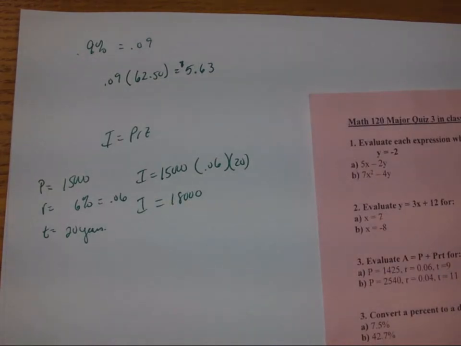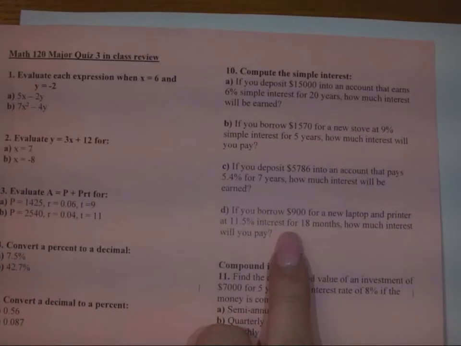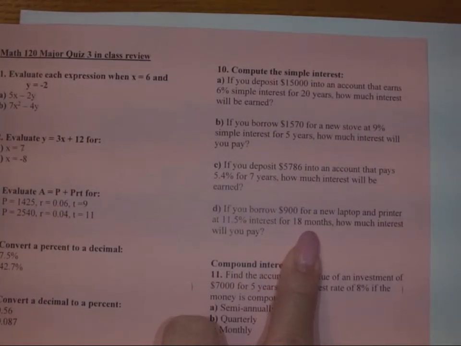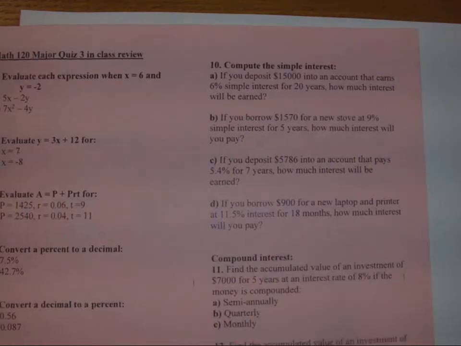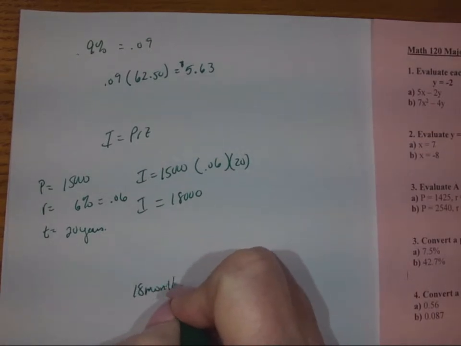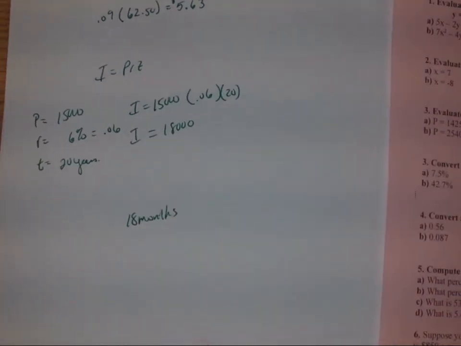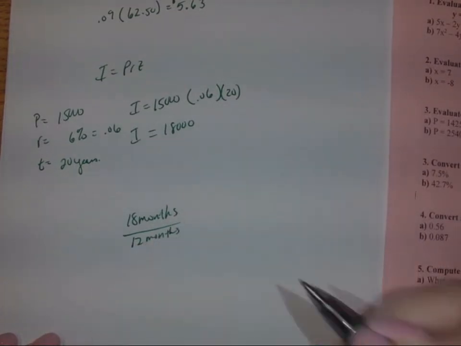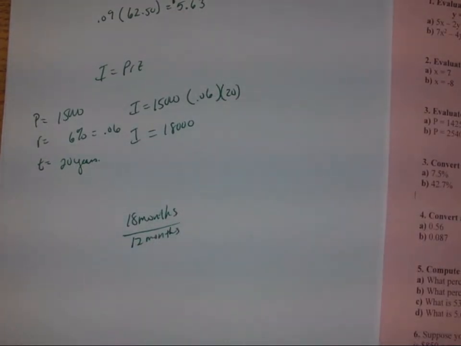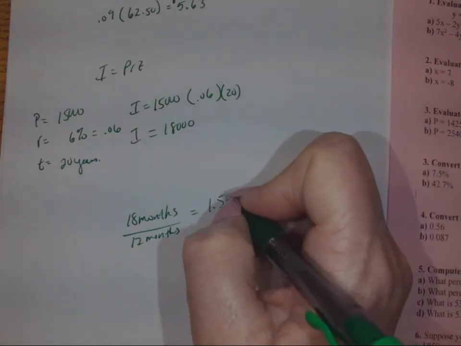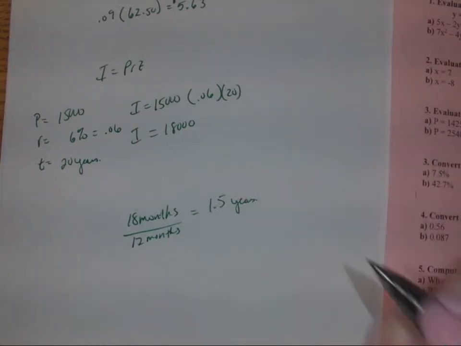The numbers are changed. The one that's different is the 18 months. So 18 months, remember, it cannot be in months. Your T has to be in years. So if you're looking at 18 months and you need it in years, there are 12 months in a year. So divide by 12, and when you take 18 divided by 12, you are going to equal 1.5 years.